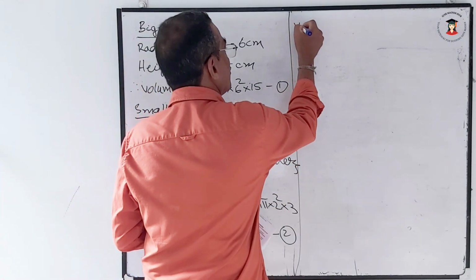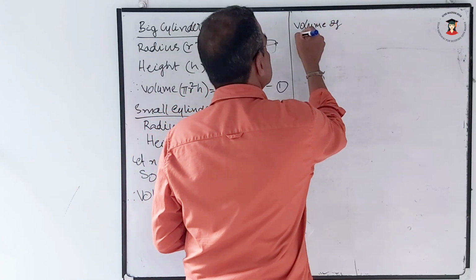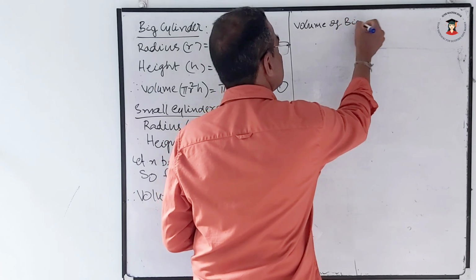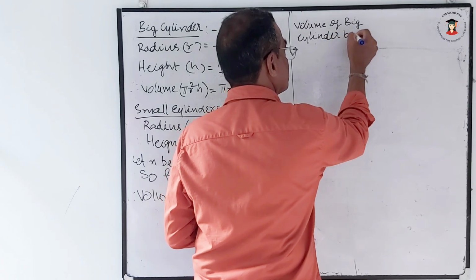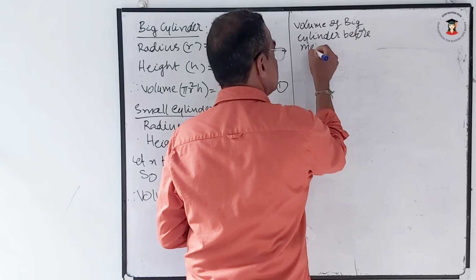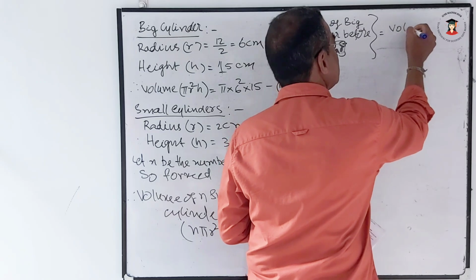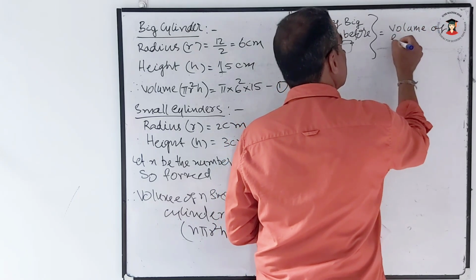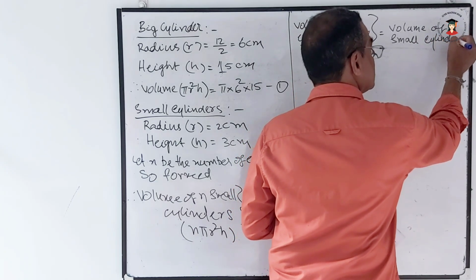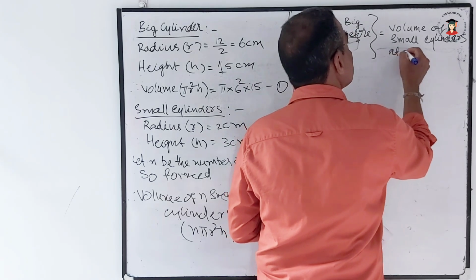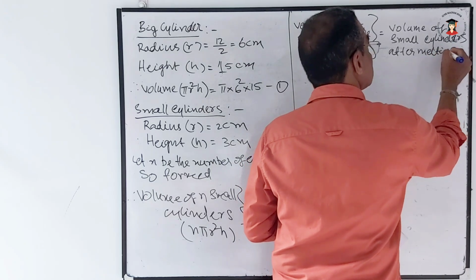Therefore, volume of big cylinder before melting equal to volume of small cylinders after melting and recasting.